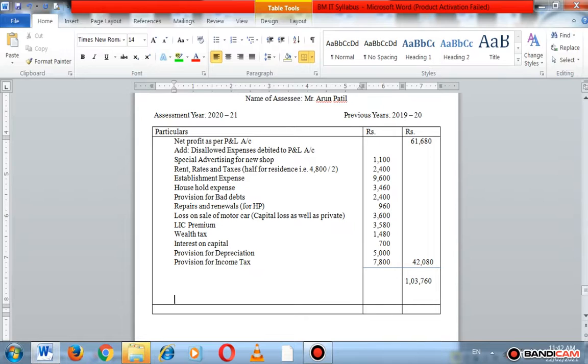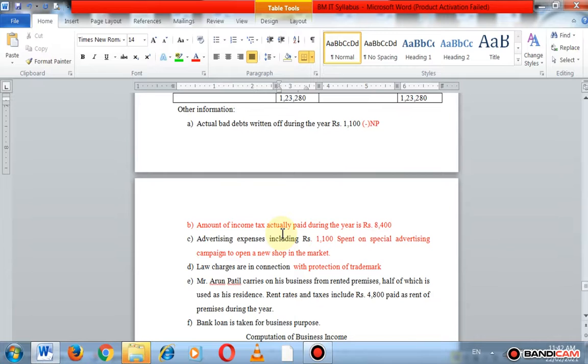Then we deduct allowable expenditure. Okay, then we deduct less: allowable expenses not recorded. So here in adjustment number one, bad debts is given which is not written on the debit side of the profit and loss account, so it is deducted from net profit.